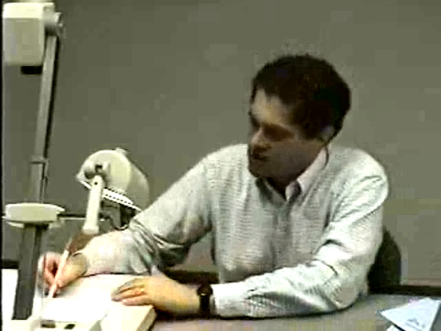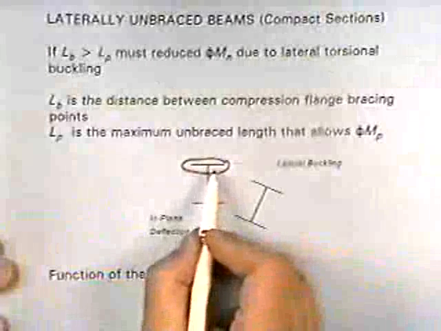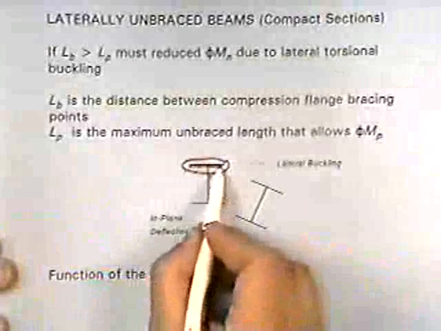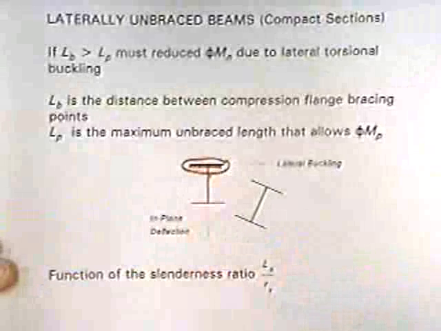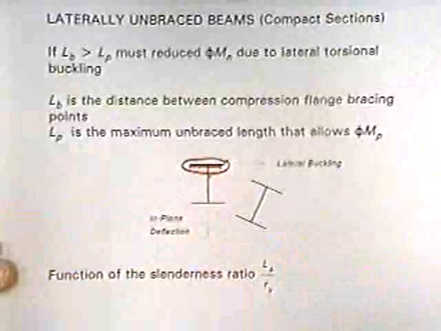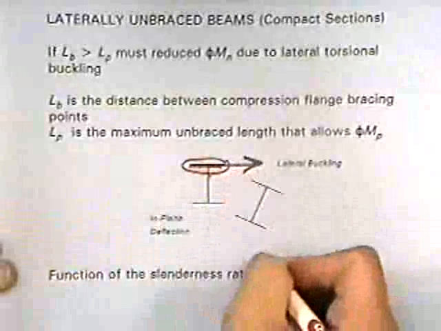What will happen is, if we don't properly brace the beam, as the bending stress increases, the compression flange, say here at the top, has increasing compression, and at some point, if the stress gets high enough, it behaves like a column and it will buckle laterally, like so.